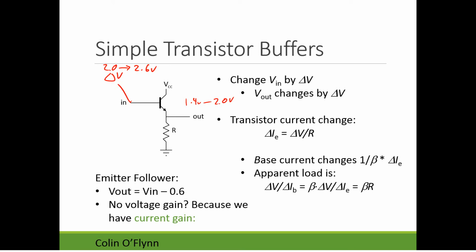But what's interesting is, how does the transistor current change? The current at the output is the current going through this resistor here, and that current change is obviously just going to be the change in voltage divided by whatever resistance we choose here. Now the important thing to realize is that in a transistor there's a relationship between the base current, IB, and the current through the transistor, or the collector current, IC.